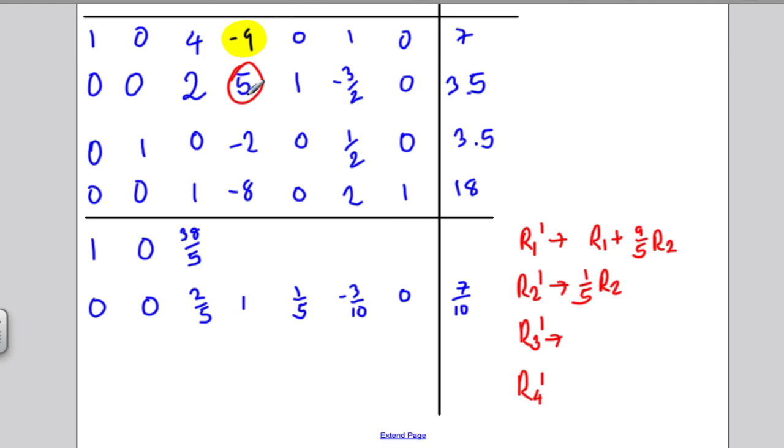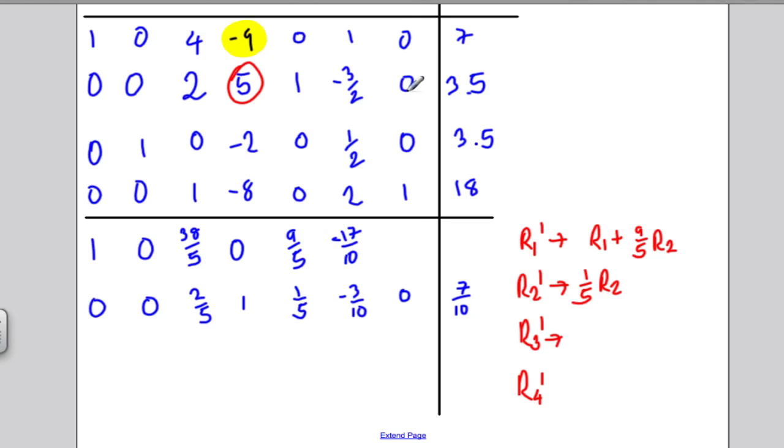This plus 9 fifths of that is going to be 0. 1 plus 9 fifths of that is 9 fifths. This one is going to be 1 plus 9 fifths of minus 3 over 2. Typing that in your calculator, you get minus 17 over 10.